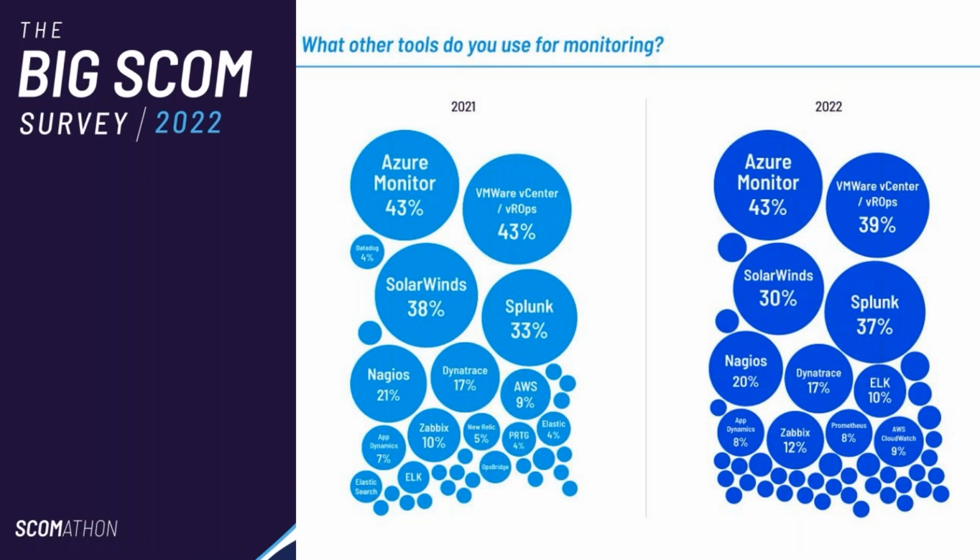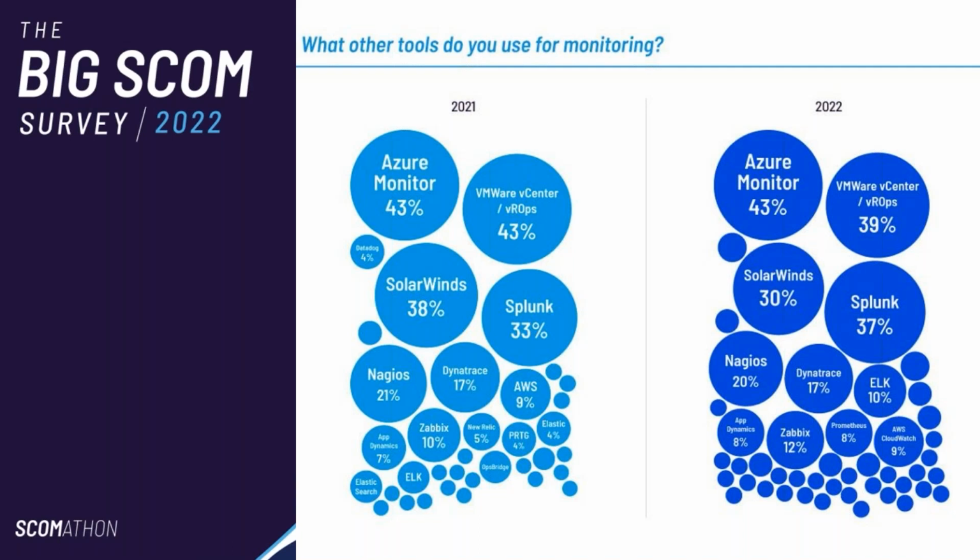For our next feature, I'm going to bring in some extra data to really explain why we did it rather than what it is. So this data is from the Big SCOM survey, which is our SCOMathon annual survey to figure out how you guys out there who are using SCOM actually are monitoring your IT landscapes.